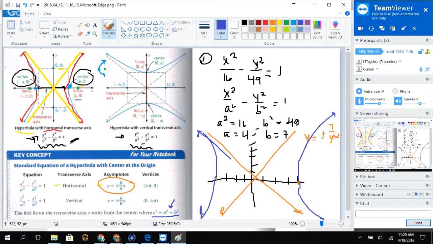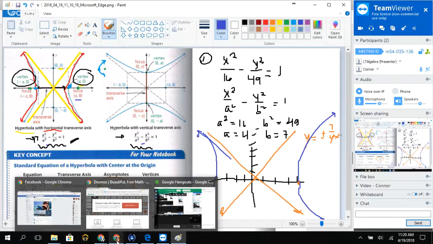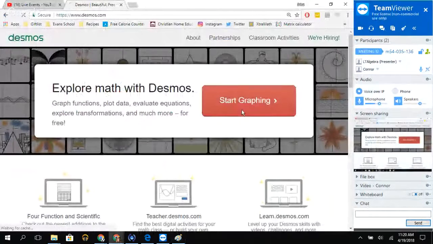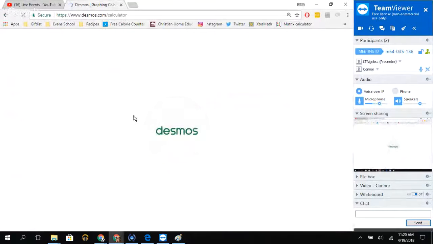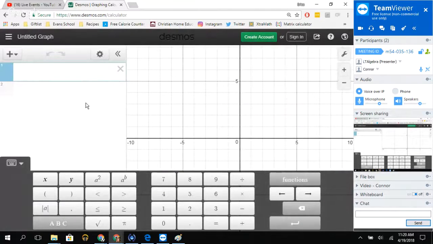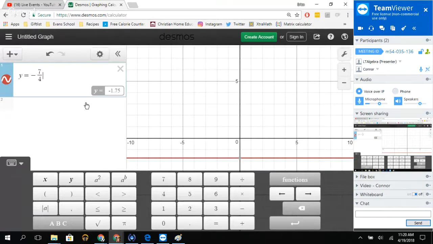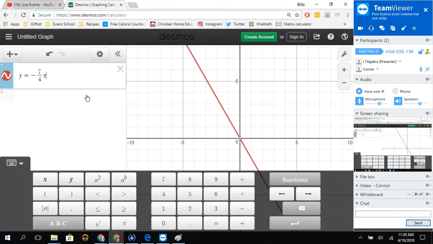All right, let's go to Desmos, which will do a much nicer job than what I just did. Okay, so I know that I have asymptotes at y equals negative 7/4 times x. And I wonder if I can do plus or minus.